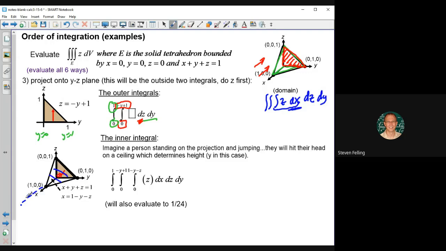But because we're moving in the x direction, I have to solve it for x. So we're going from x equals 0 to x equals 1 minus y minus z. That's how we establish the inner limits of integration. Then we would carefully go through the steps of evaluating from the inside out, and that will indeed evaluate to 1/24th if you want to try that.